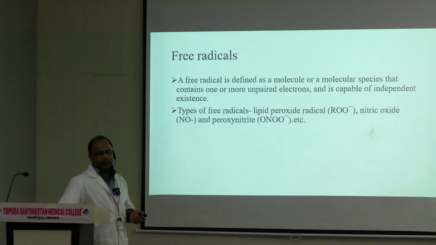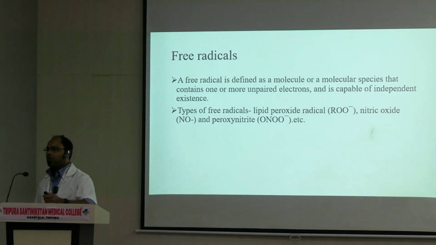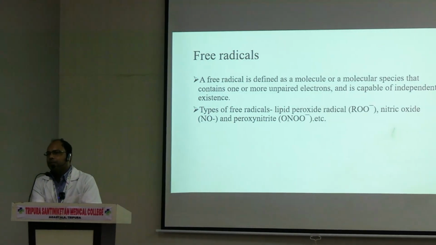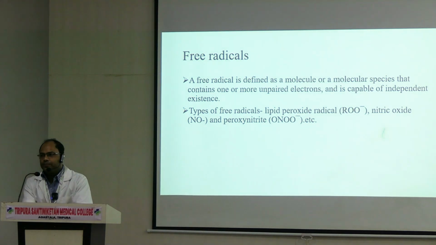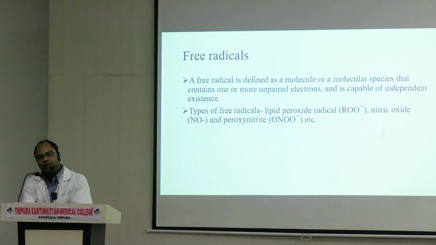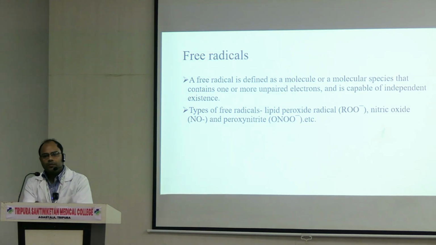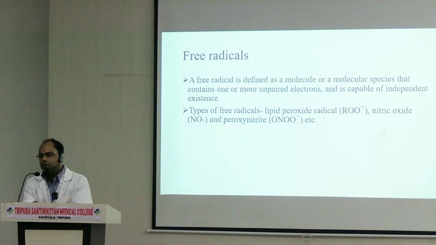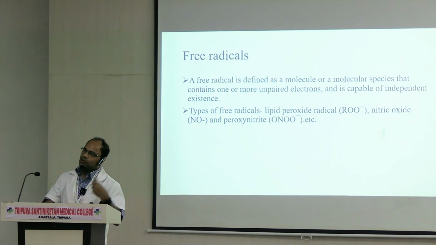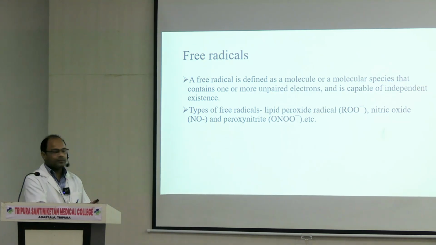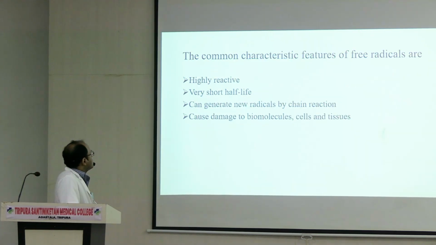So the difference between them: free radicals should have one or two unpaired electrons. This electron is generated in the process of metabolism, and this radical can react with other molecules including lipid, protein, nucleic acid, and after reacting, this free radical can generate another free radical, and that free radical is also damaging, also reactive.